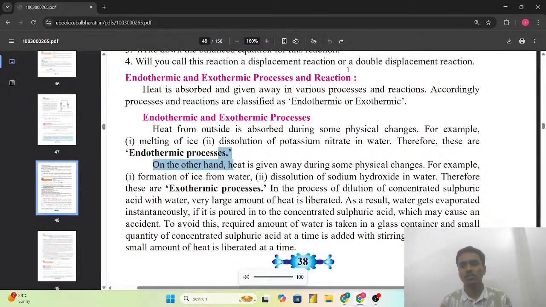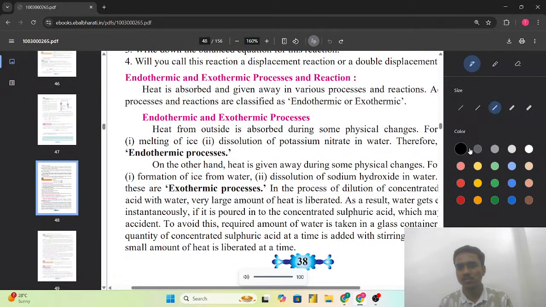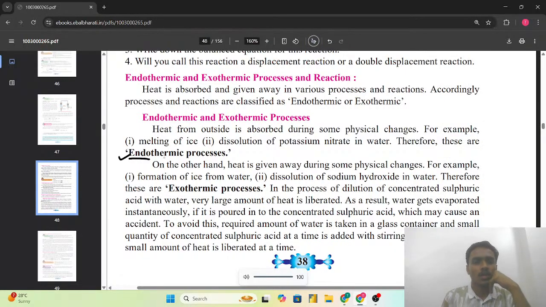Basically, the word endo itself means absorb. So the word endo states that the heat will get absorbed. When heat gets absorbed in a reaction, that type of reaction is called an endothermic reaction.